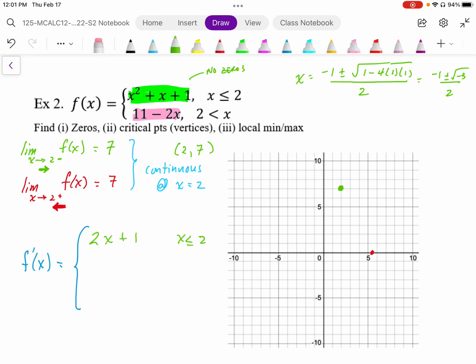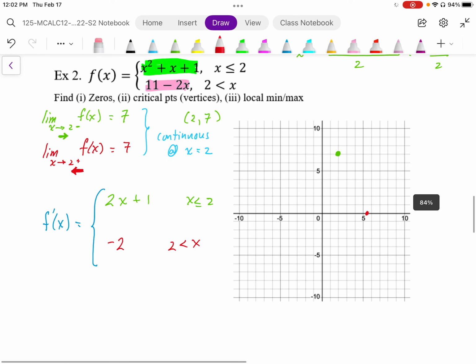There's the derivative for that green part. And the derivative for the red part is going to be a slope of negative 2, for x's that are greater than 2.